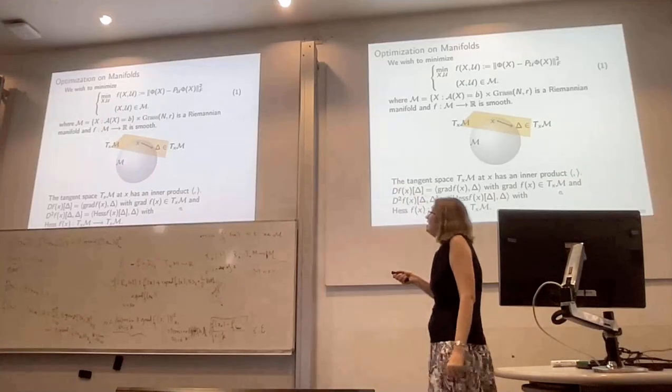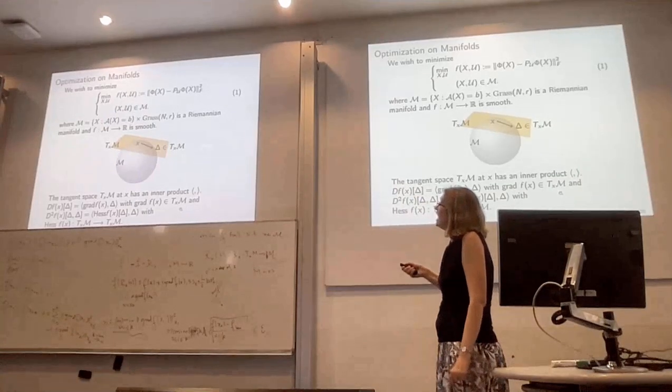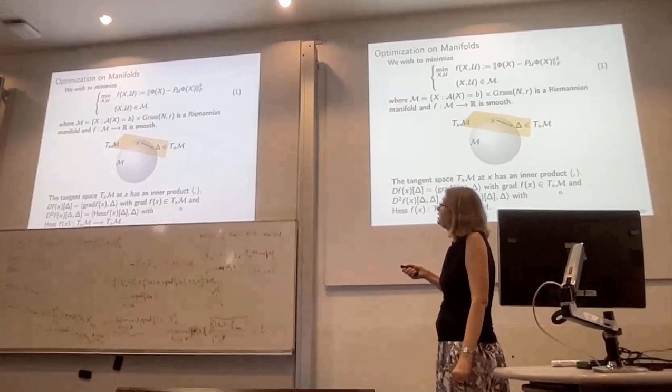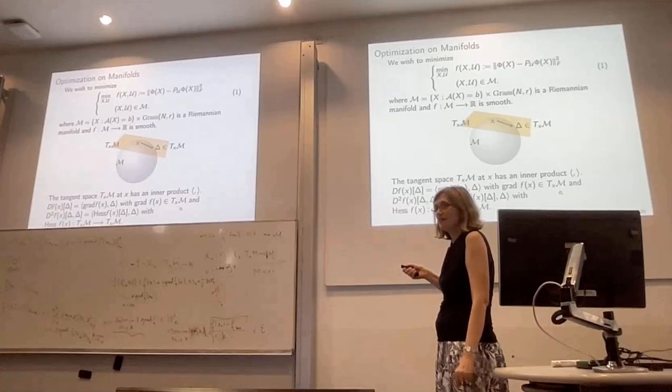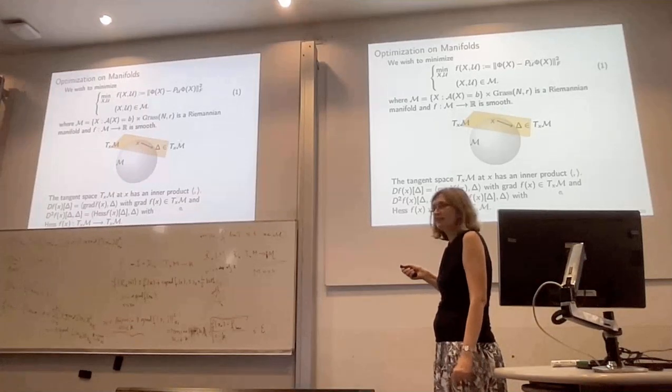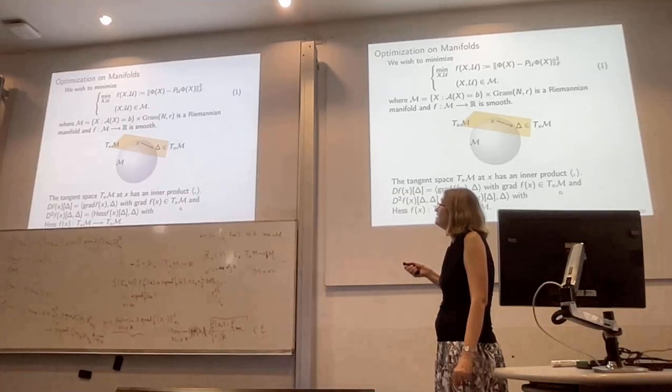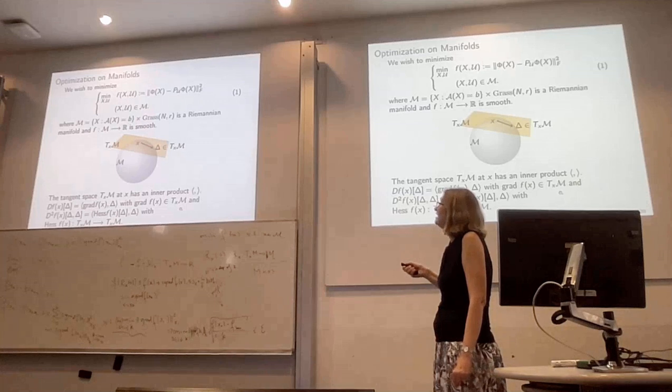Phi of x lies in a subspace U of dimension R. So my manifold is now the cross product between a linear subspace and my Grassmannian. U, this subspace that I want to find, relates to big N, to my feature.